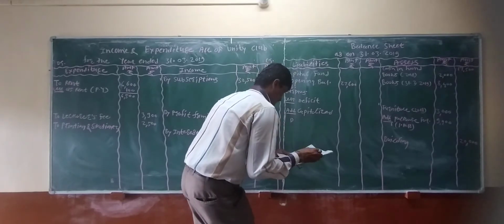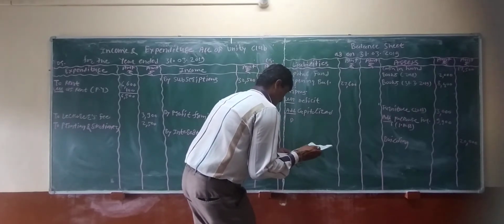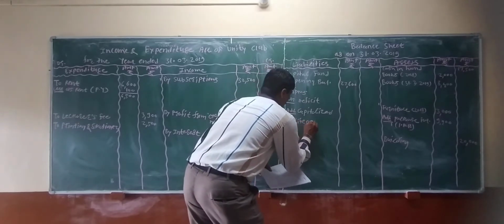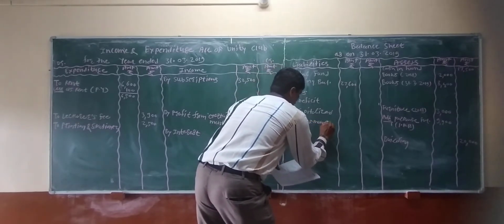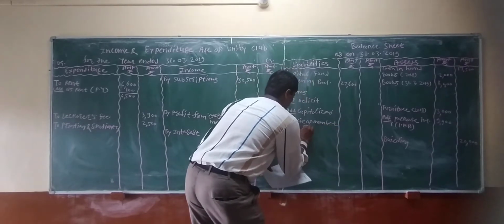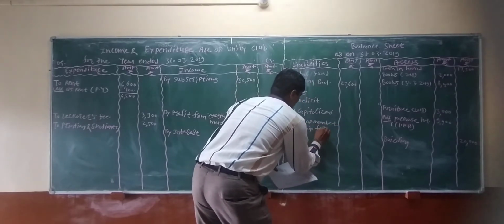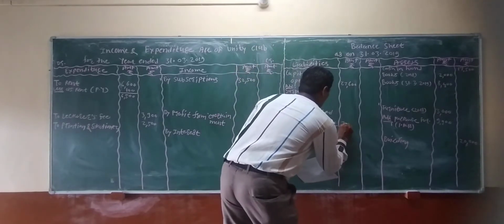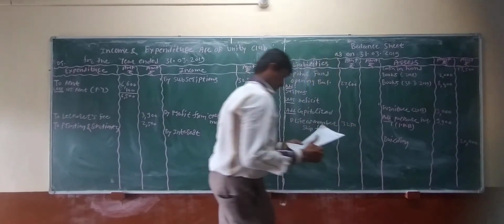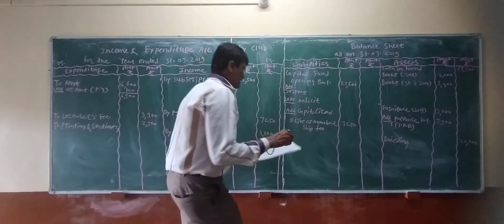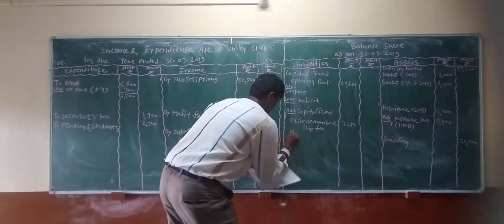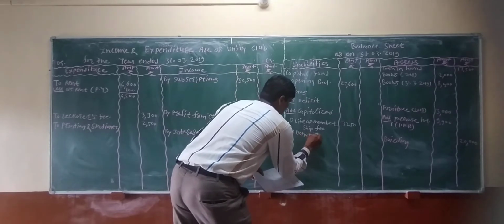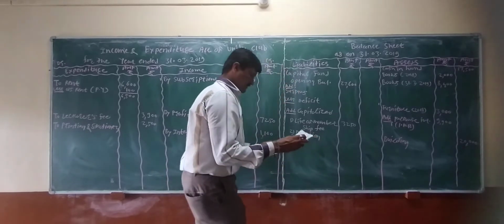One is life membership fee, 3,250. Next, add donation. Donation to be capitalized. The donation amount is 2,500.